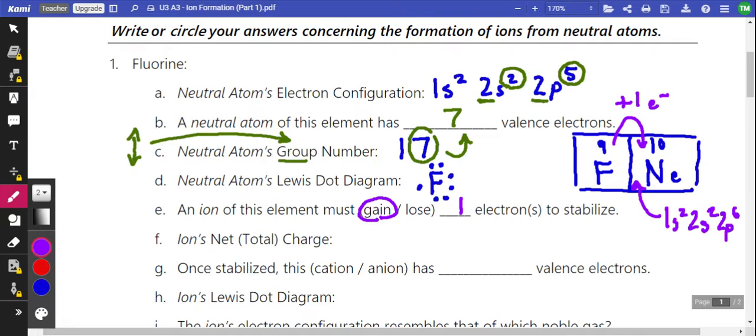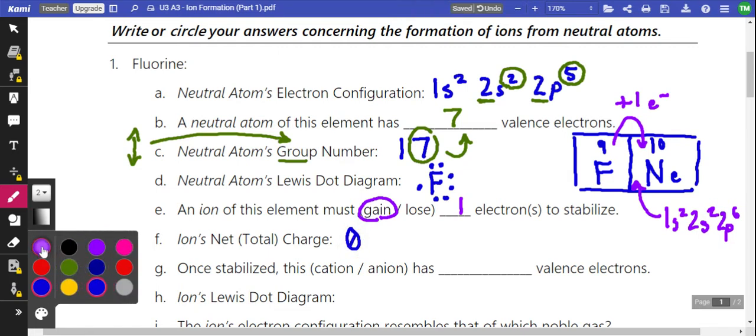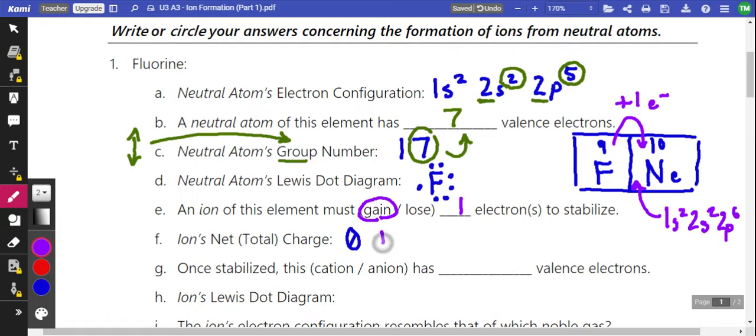Fluorine has now picked up one extra electron here. We started at a charge of 0. We gain an electron, which means we are adding one on here. An electron is negatively charged, so we're adding a -1 charge to this atom.